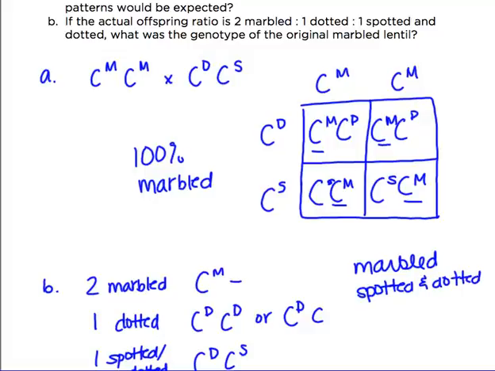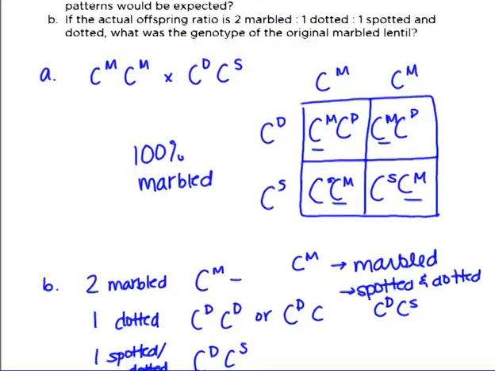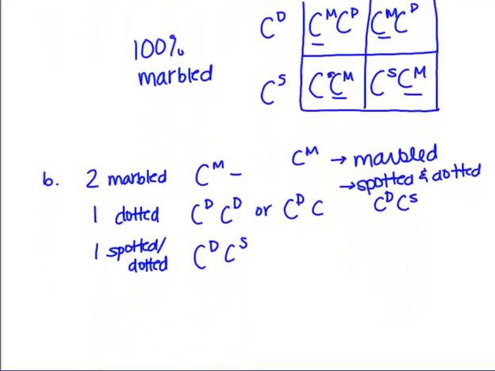So we know that this parental genotype is CD, CS, and this one is at least one CM. So out of these parental genotypes, what other allele here could give these phenotypic patterns? So let's see. To get spotted and dotted, one of the CS could come from this parent, or the parent could give their CD.